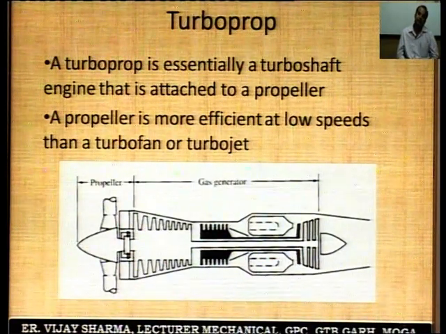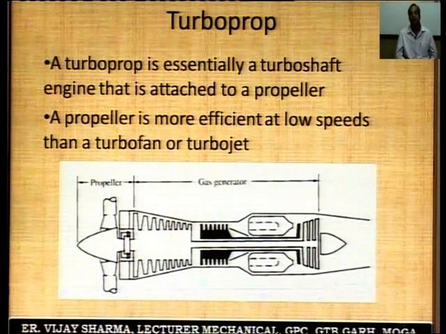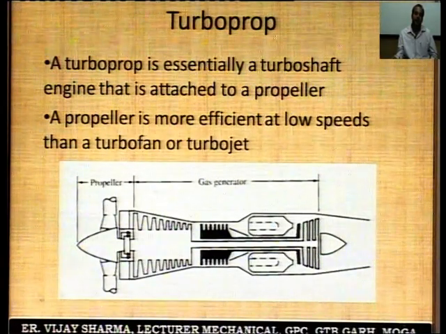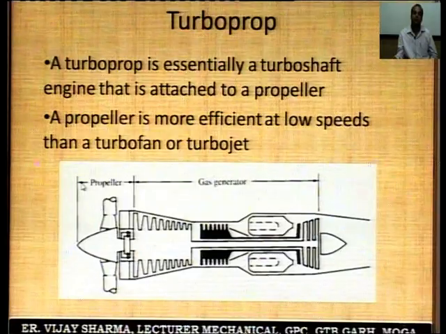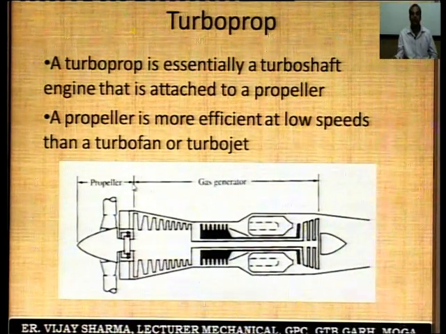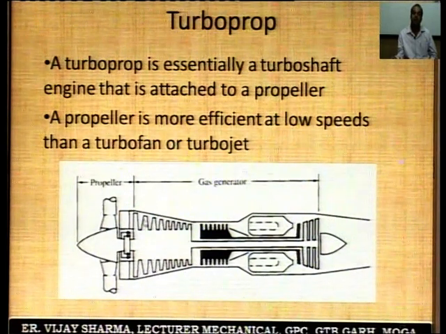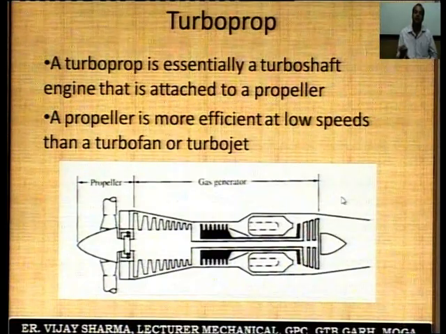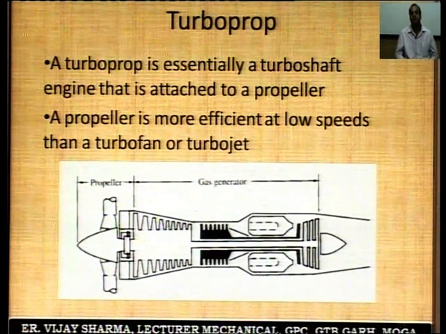Next, let us discuss the turbo propeller. This is the schematic diagram of the turbo propeller engine. In the left of the diagram, from this point to this point is a propeller, as we use in the ship, and from this point to this point, these are the gas generator, or you can say flue gas generator.